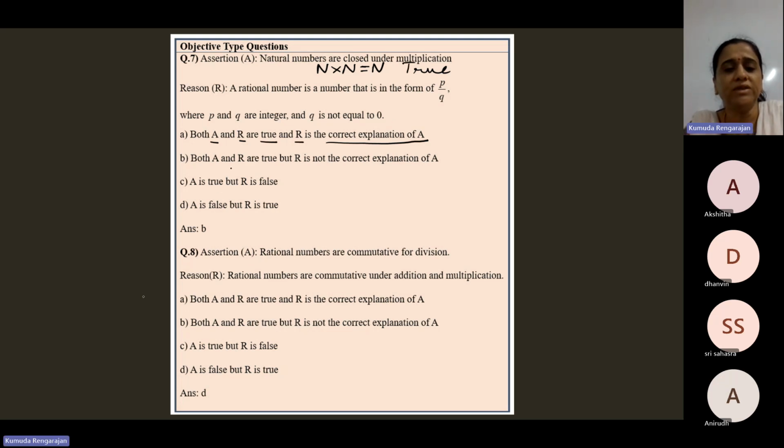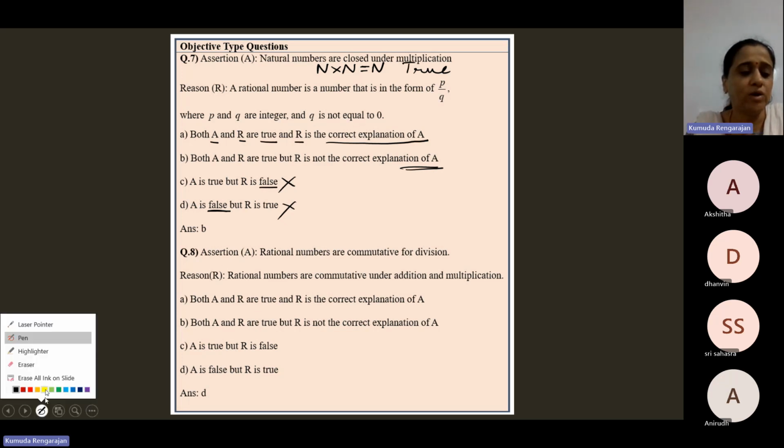The second one says both A and R are true, but R is not the correct explanation of A. Correct. This is correct. Now, this one is not applicable because here they're saying R is false. So this will not come. Here they say A is false, so this also is not applicable, because for us both the statements are true.